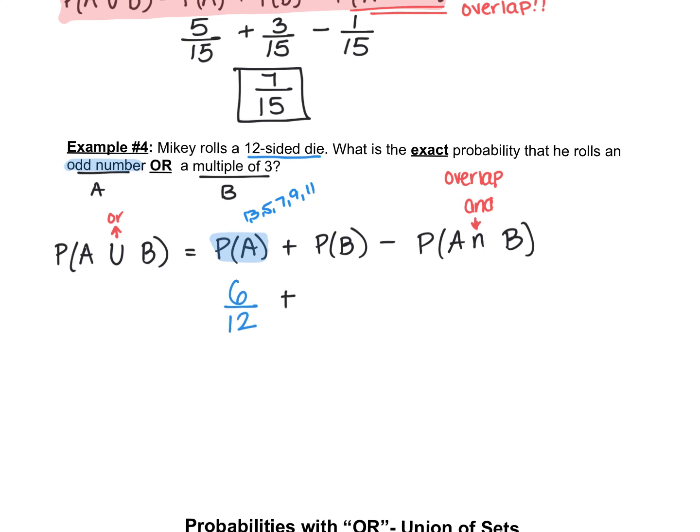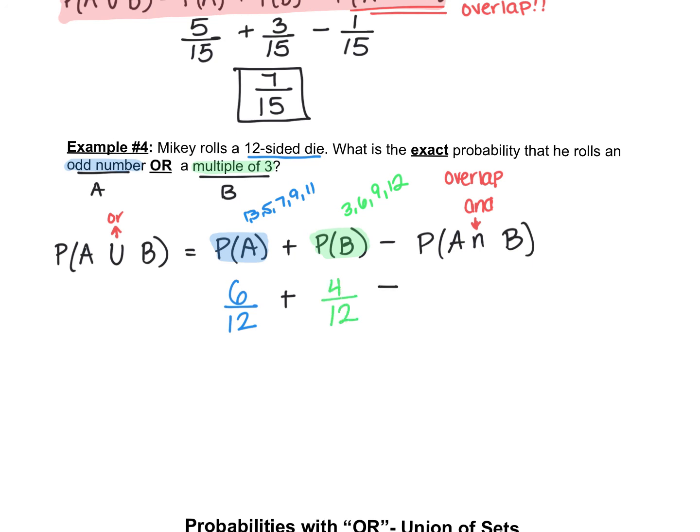Now we want to add that to the probability of event B, which is a multiple of 3. How many of those do we have? I'll use the same color, let's use green. So 3, 6, 9, and 12. We've got 1, 2, 3, 4 numbers that are multiples of 3 out of 12.